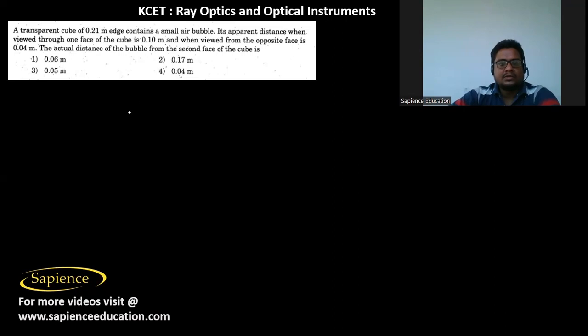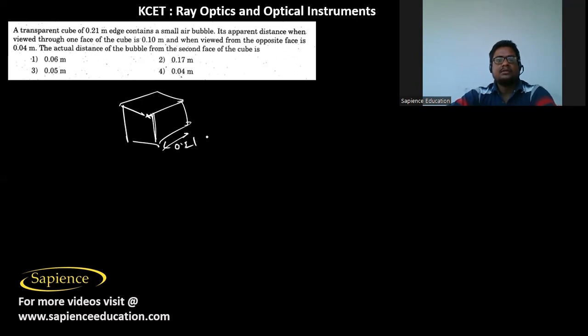Then it is told a transparent cube of edge length 0.21 meter contains a small air bubble. So here one small air bubble is there inside it.